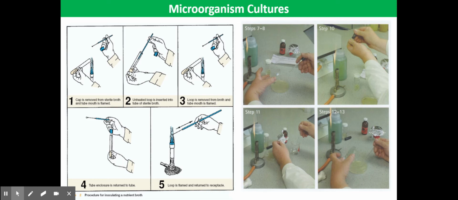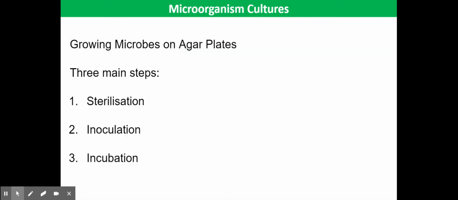Any glassware or metal equipment should also be passed through the flame before and after contact with the desired microorganisms. Now, microorganisms can grow almost anywhere. The key is to ensure that they grow on the medium used and that you grow the desired microorganism rather than anything else. You don't want to infect your medium by mistake.